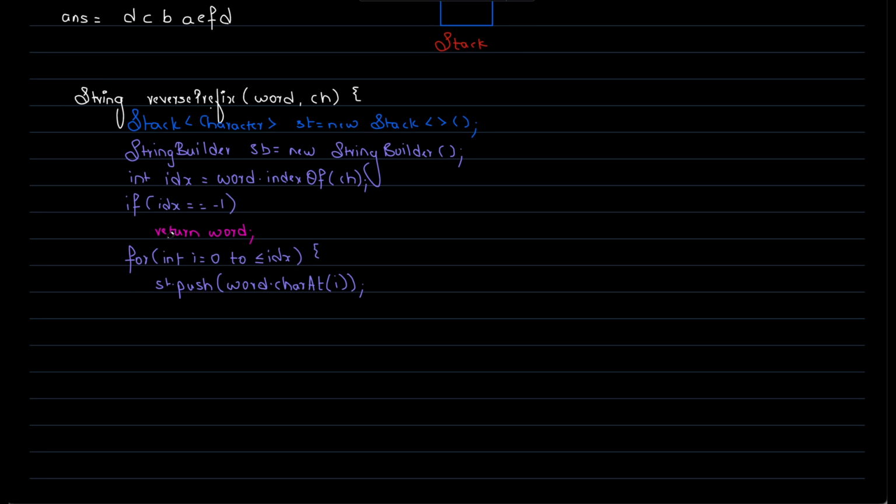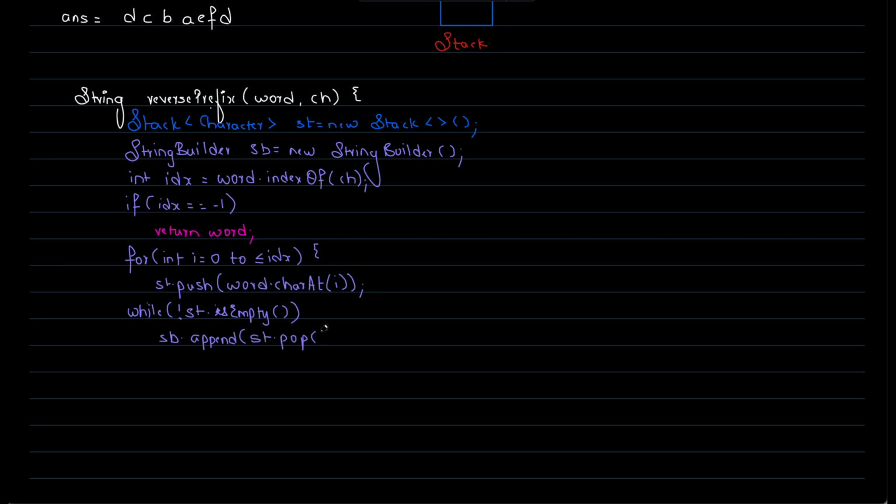Now after pushing, I need to pop it and append it in this sb. So I'll have a while loop in which I pop until the stack is empty: while not stack dot isEmpty. This will keep running until the stack is empty. Now sb dot append stack dot pop.